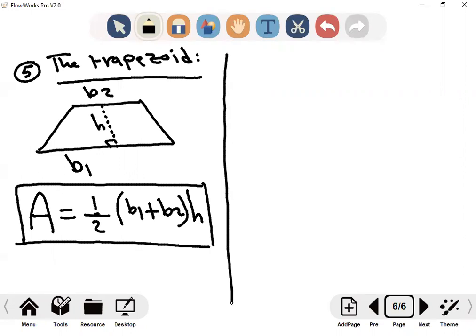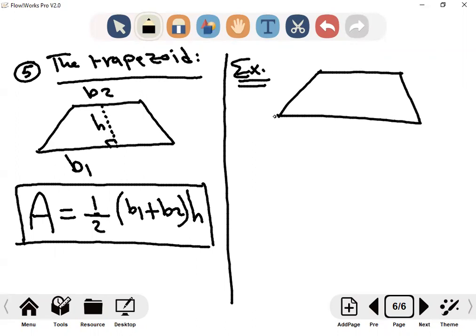Let's take an example. This is a trapezoid with height, let's say 6 meter, base 1 3 meter, and base 2, let's say 4 meter. Who can help me in finding the area of the trapezoid?